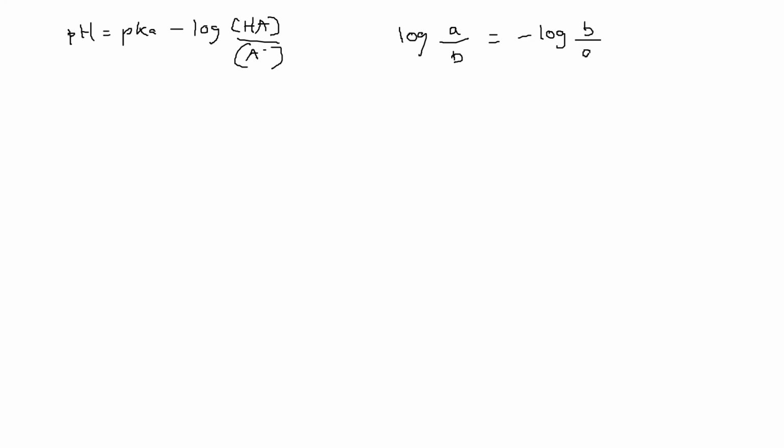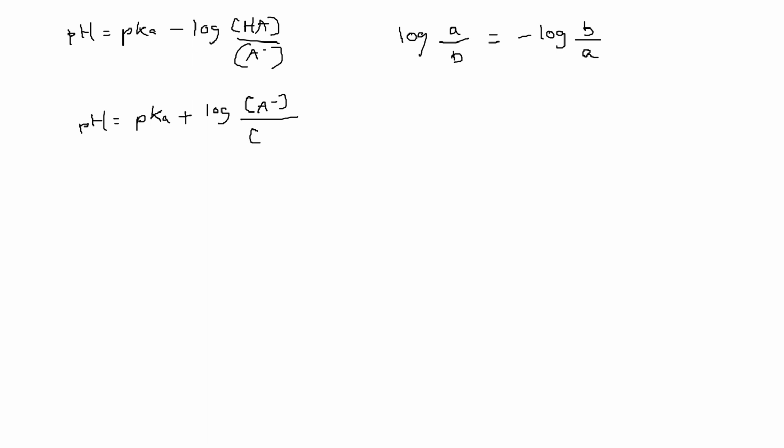So we're going to apply that to this expression here. So we're going to write that pH is equal to pKa plus log, then we're going to flip the top and bottom of the fraction over, plus log A minus over HA.